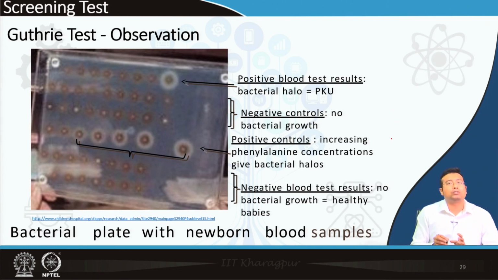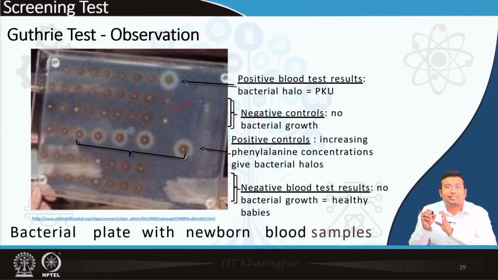You can see there are positive controls where increasing phenylalanine concentrations are provided to see how much the bacteria are growing. More phenylalanine means more bacteria will grow and there will be a halo around the spot, the haze, which signifies bacterial growth. And the negative control means there is no phenylalanine. So, we have something to compare to, right.